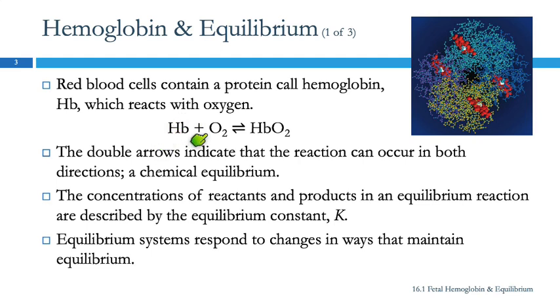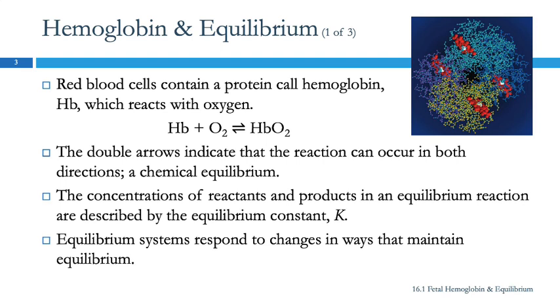Hemoglobin reacts with oxygen. Basically, it picks up and holds oxygen. Then your blood moves through your body, taking the hemoglobin and the oxygen with it. This chemical equation has a double-headed arrow, meaning that the reaction can occur in both ways. It's an equilibrium.